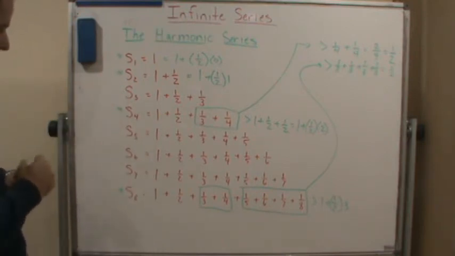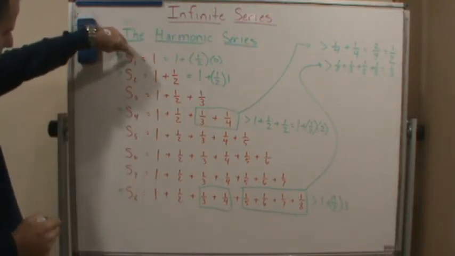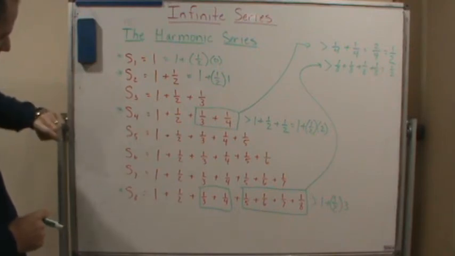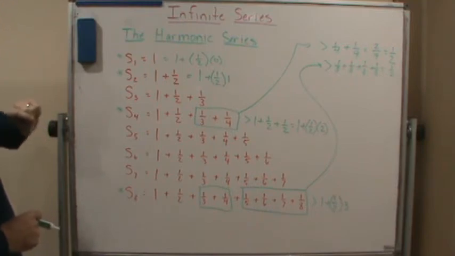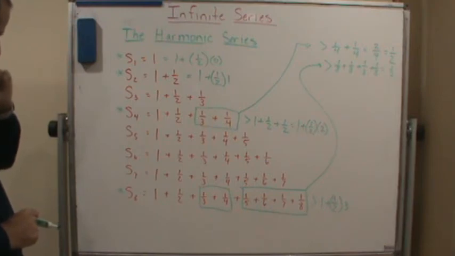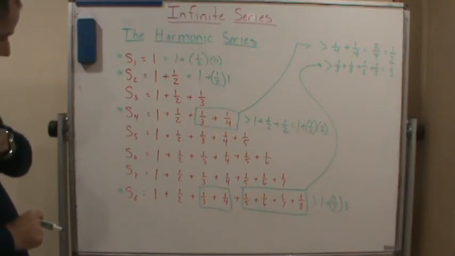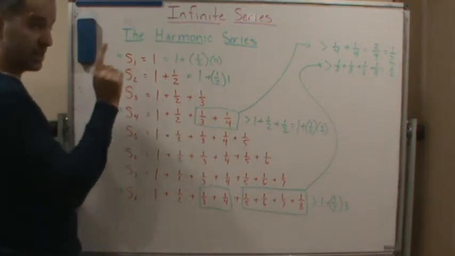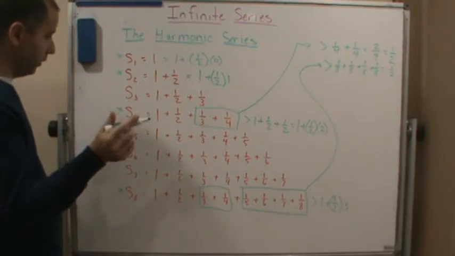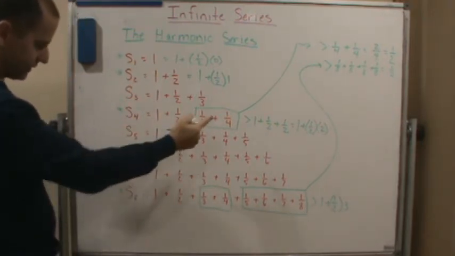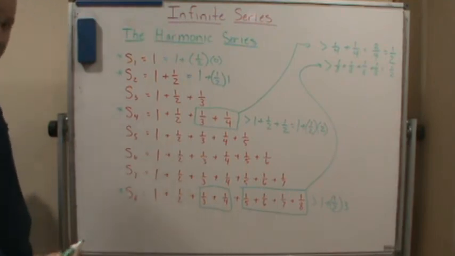And notice that this pattern continues as the index doubles, if you will. It doubles from 1 to 2, 2 to 4, 4 to 8, and so the next term in the pattern will go to 16 and so on.